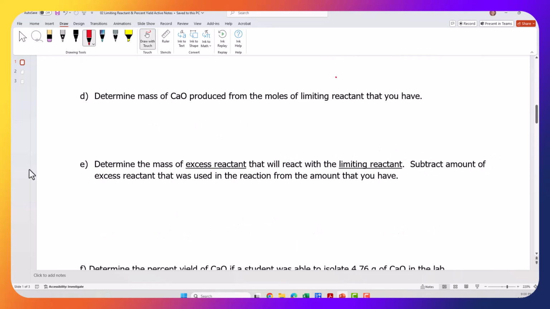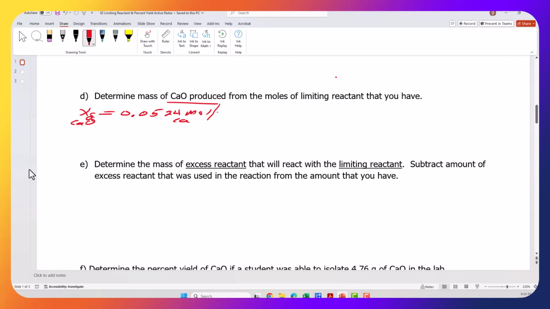Okay, let's go ahead and figure out how many grams of calcium oxide we can produce. We've already done half the work by figuring out what we have. We have 0.0524 moles of our limiting reactant, which is calcium.